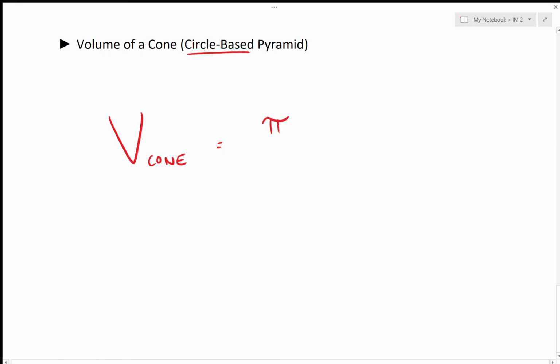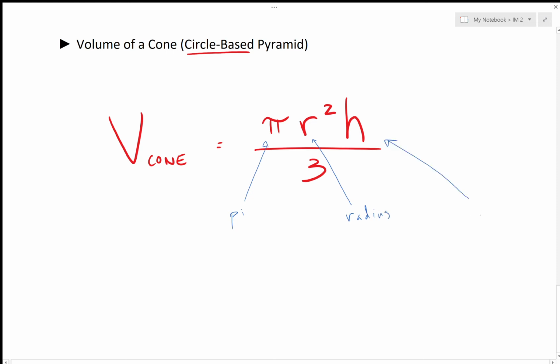So pi r squared, remember that's the area of a circle, and then we add some height to it, but that's just a cylinder there. Then we've got to divide it by 3 because it's a little bit less than what an actual cylinder would be. Remember, that's pi, R stands for radius, and H is height.